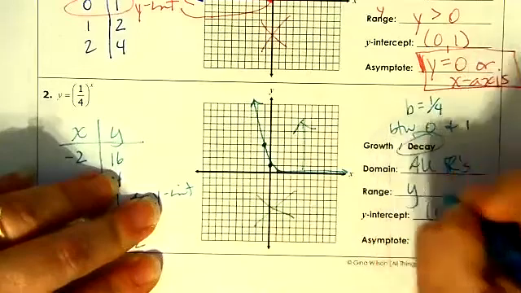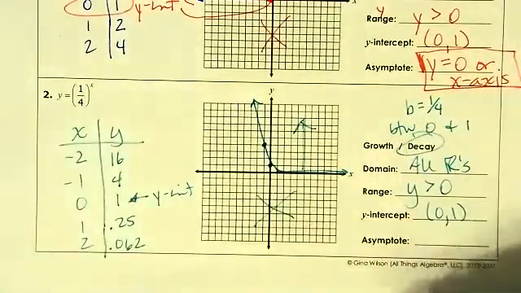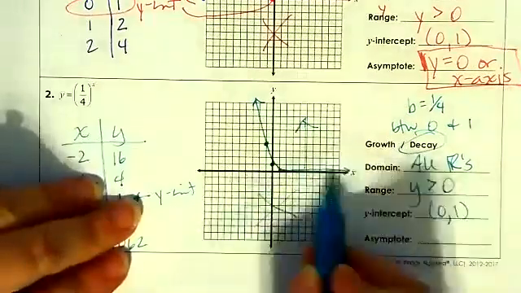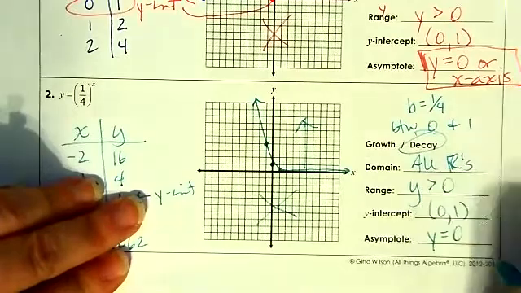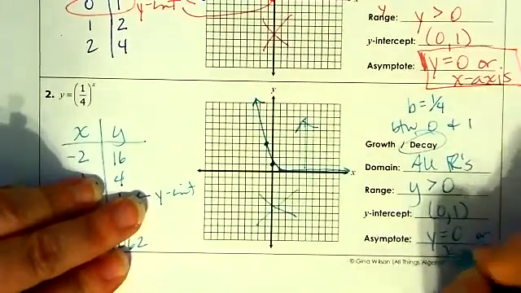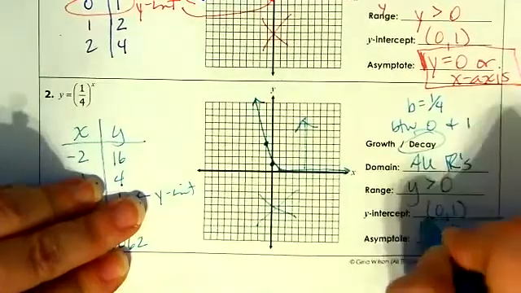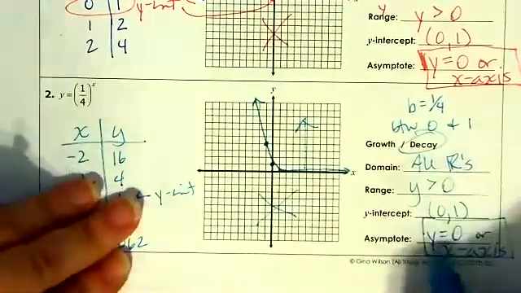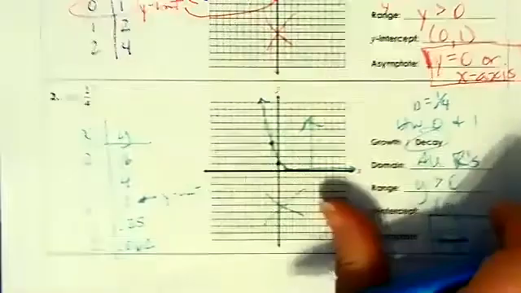So it's going to be y is greater than 0. Never touches the x-axis. So my asymptote is y equals 0 or the x-axis. It's really wanting the equation for the axis, which is y equals 0, but you could see it say both.